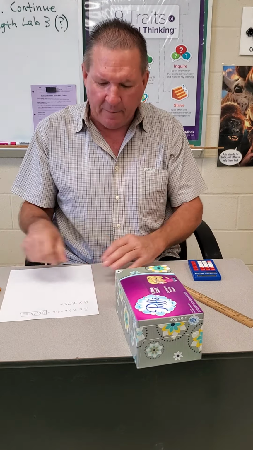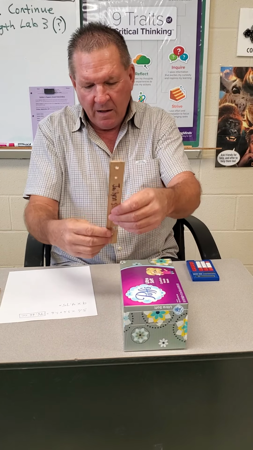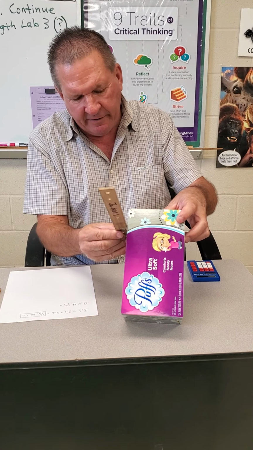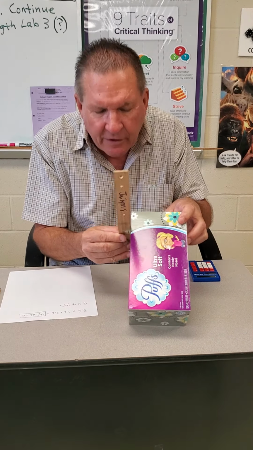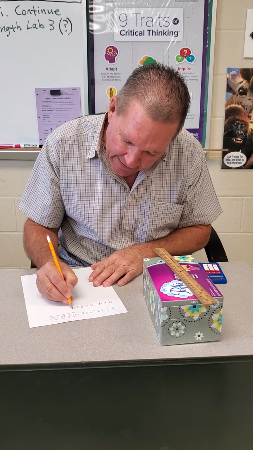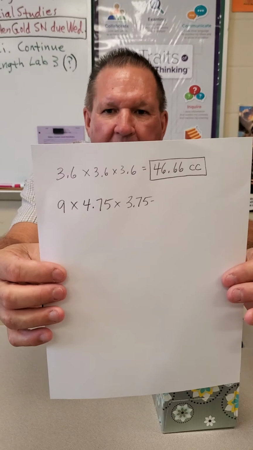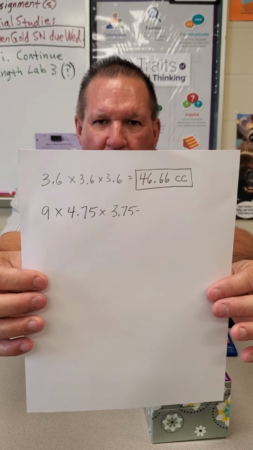So 9 times 4.75. The height is how tall it is. Measuring in inches, this is 3.75 inches. So the numbers that I'm multiplying are 9 times 4.75 times 3.75.